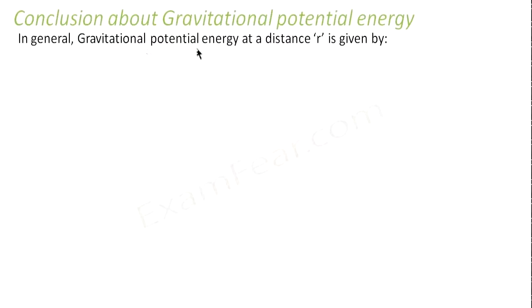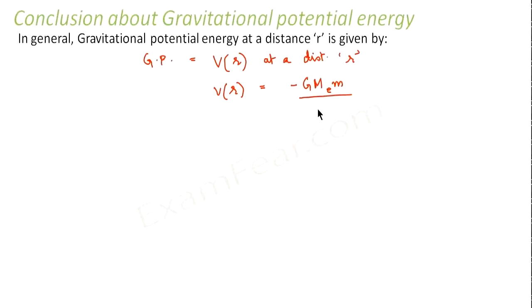In general, the gravitational potential energy for any distance r is denoted by V. We already know potential energy is anyways denoted by capital V. So V of r at a distance r would be V of r is equal to minus G me into m divided by r plus V naught.